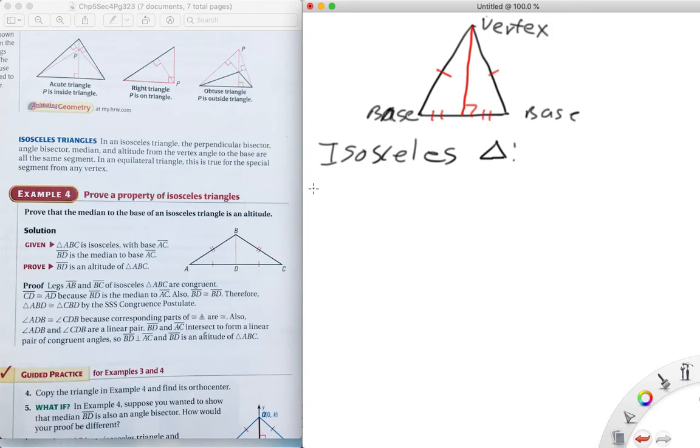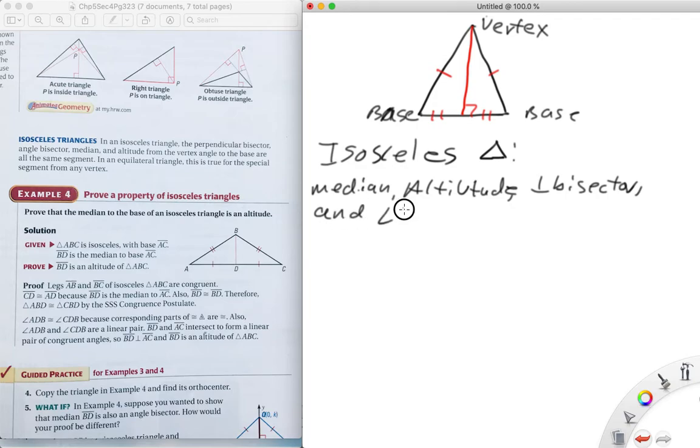So the median, the altitude, perpendicular bisector and angle bisector are all the same, from the vertex only.